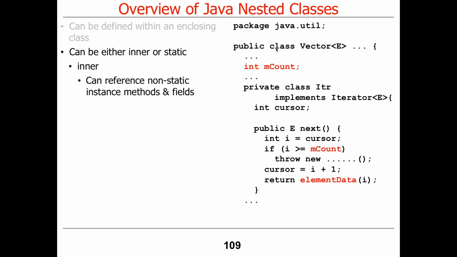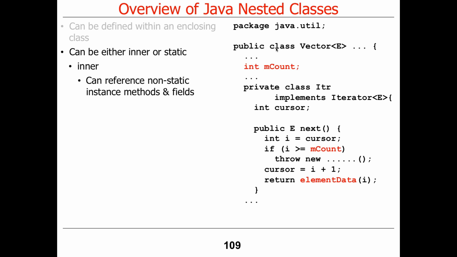So every collection implementation will have a nested class which will implement iterator. It may not be called iter, but it doesn't really matter because you're never going to see it by its actual name. In fact, as you can see, this is actually a private class. This class is not accessible to anybody except somebody who accesses it through the factory method called iterator, which we'll talk about later. So all collections have nested classes.